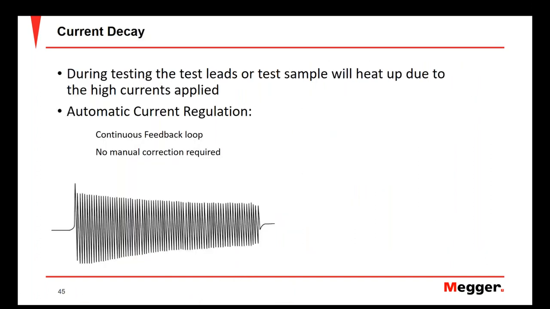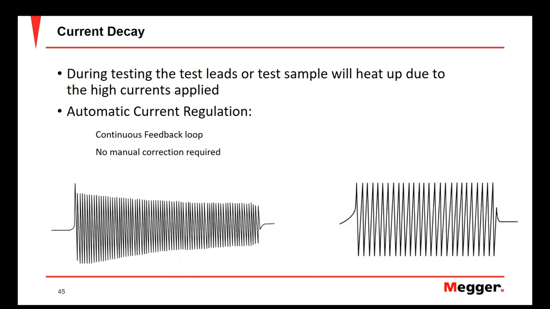Another thing that can occur whenever we're doing primary injection testing is the phenomenon of current decay. What happens with this is whenever we do a continuous test on a circuit breaker, the element in that breaker can heat up. As the element heats up and the cables heat up as that current is flowing through them, there can be an impedance effect where the amount of current decreases, and typically you would have to manually adjust that magnitude to keep it on track for the test.